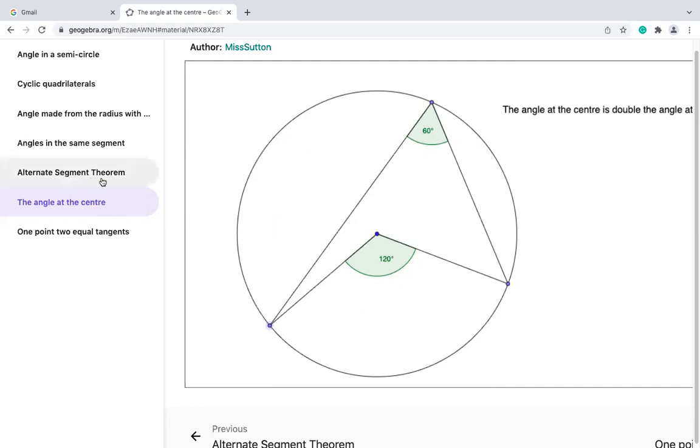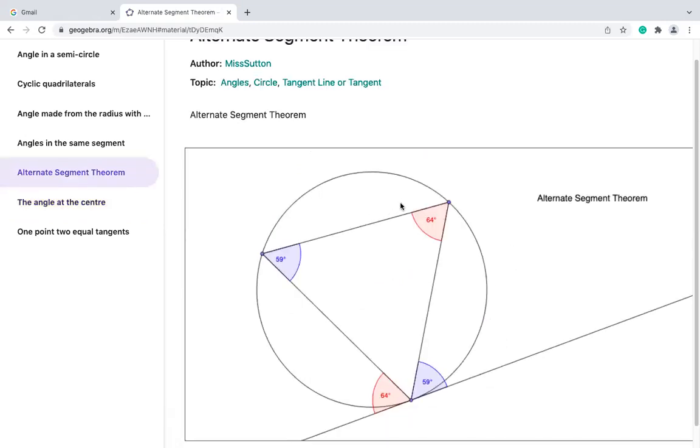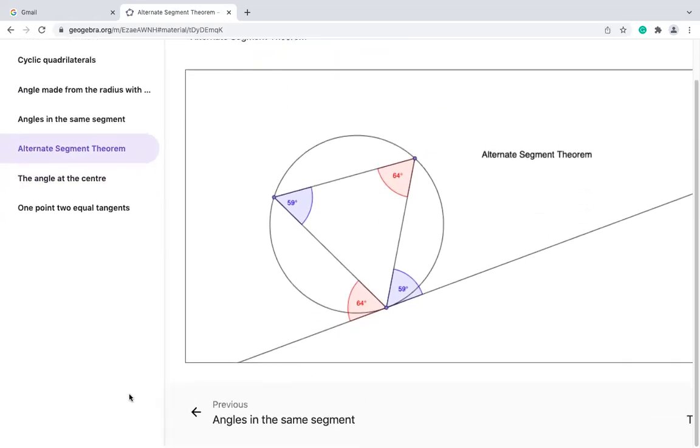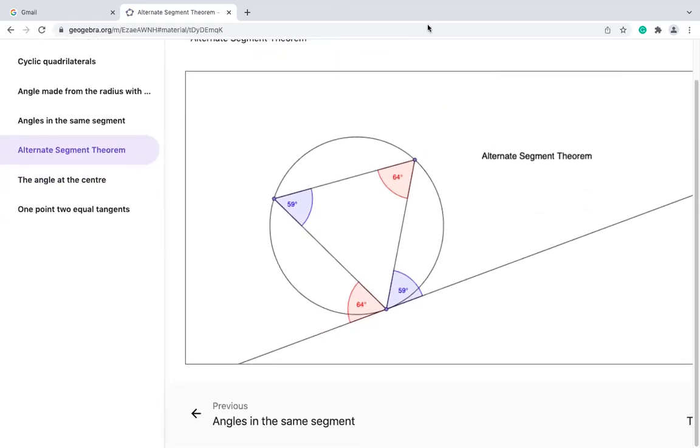Coming to the last one, which is the alternate segment theorem. The alternate segment theorem is very interesting. Let's say you consider this as one segment. Generally what I tell my students is to remember that there will be three chords, like L1, L2, and then L3.